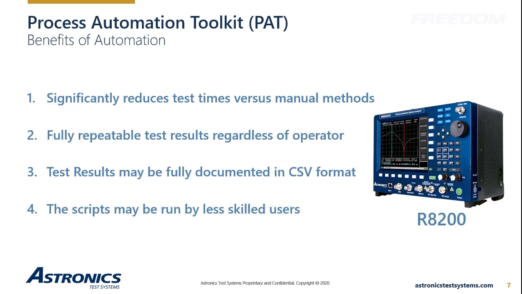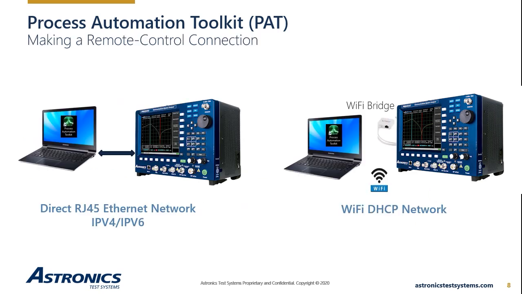What are the benefits of automation? Firstly, significantly reduced test times compared with those we would make in manual mode, fully repeatable results regardless of the operator, and the documentation of test results. Two connection methods are available to PAT, either a direct RJ45 Ethernet connection or a Wi-Fi DHCP network connection.